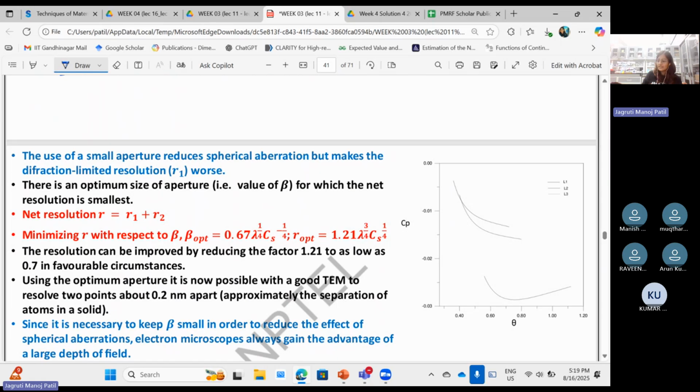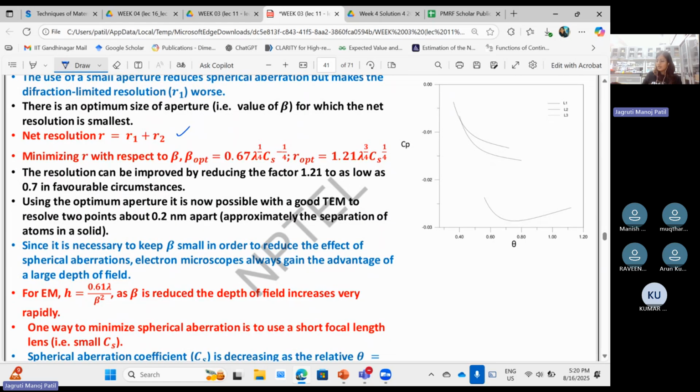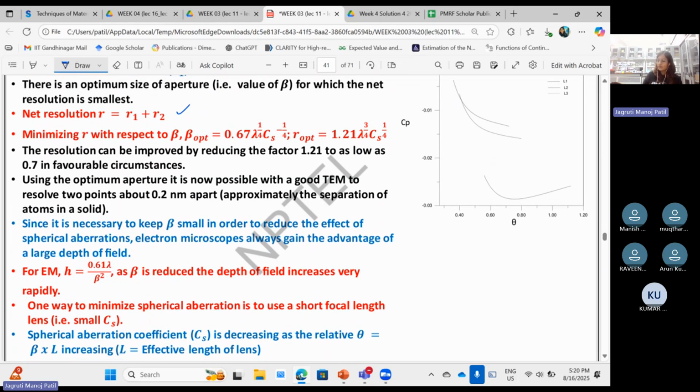Now, when we talk about resolution which is affected due to diffraction, it's the net effect of both the resolutions. So eventually you'll get some terms defined accordingly. For an electron microscope, it is defined as 0.61 lambda by beta squared, that we saw previously. And here beta is the depth of field.